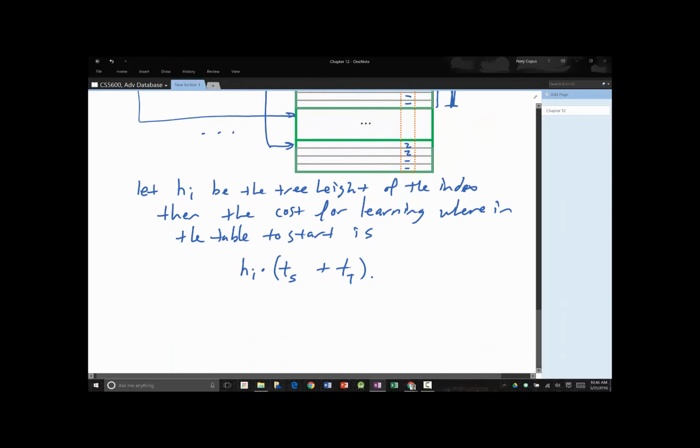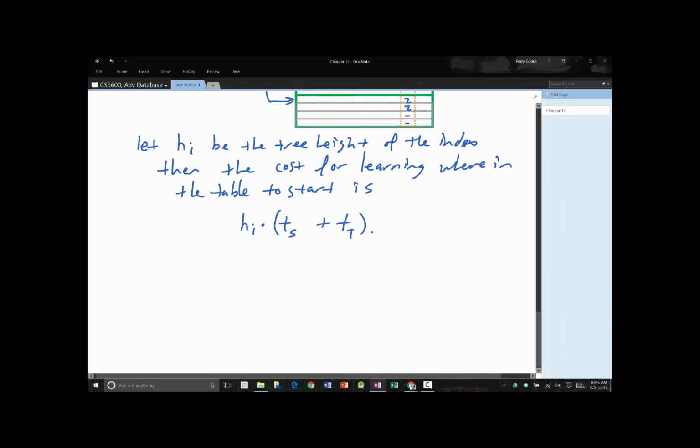So, scrolling down a little here, let B be the number of blocks containing tuples where alpha equals x, right?